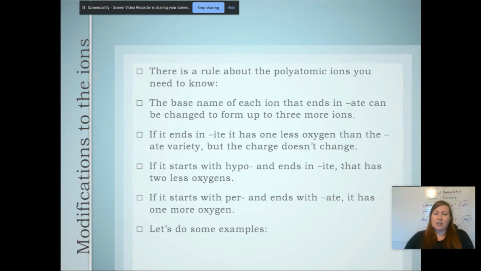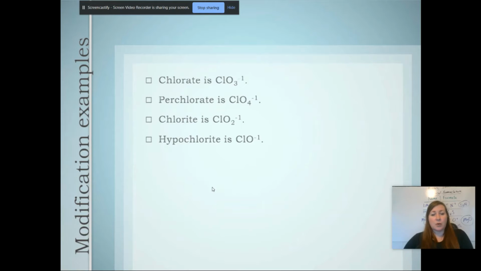So it's kind of confusing until you see some examples, and they're really pretty simple once you know the rules. So chlorate is ClO3 minus 1. You don't need to memorize this. You'd be able to look it up on your list. But if you're looking for the perchlorate ion, you need to remember that per-"ate" means 1 extra oxygen. So that's ClO4 minus 1. And you need to remember that chlorite, the "ite" ending, would be 1 less oxygen than the "ate".